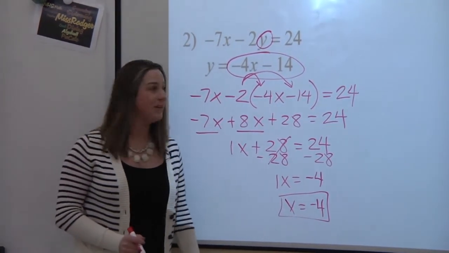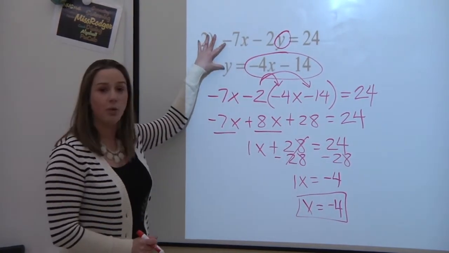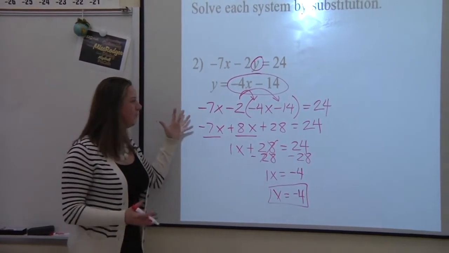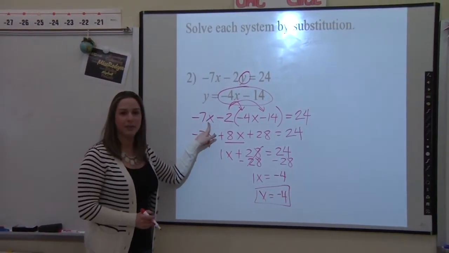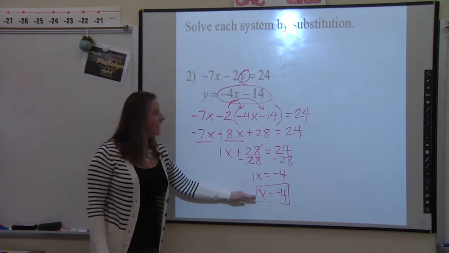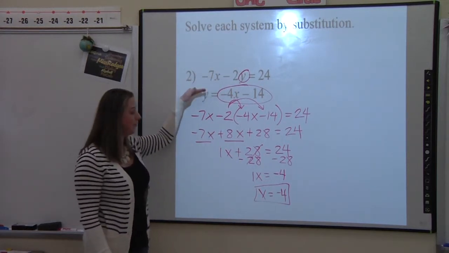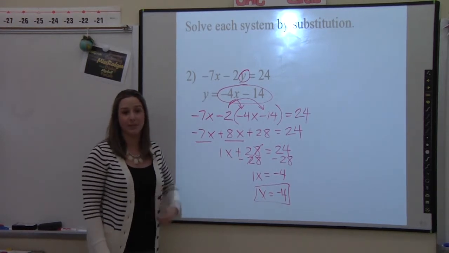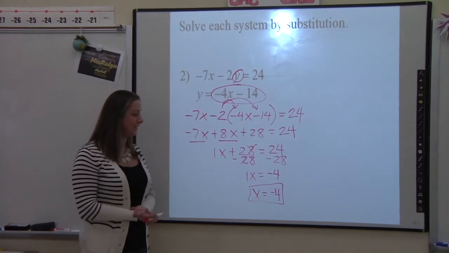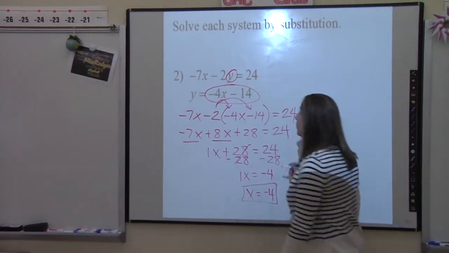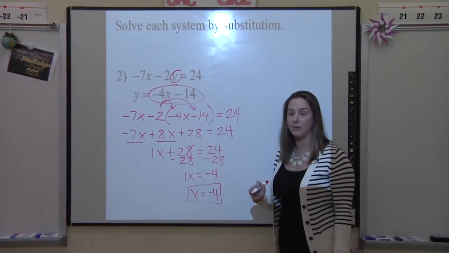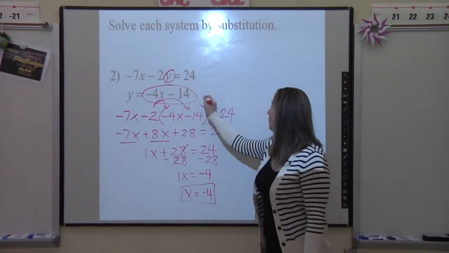So again, the whole point of this is to go from two equations with two variables down to one equation with just one variable, specifically in this case x. And we end up solving for x, and now we're able to go back into one of the two original equations and solve for our missing y. That's going to give us an ordered pair, which is the solution to this system. So I can choose whichever equation I'd like to substitute this into. I'm going to pick the second equation.